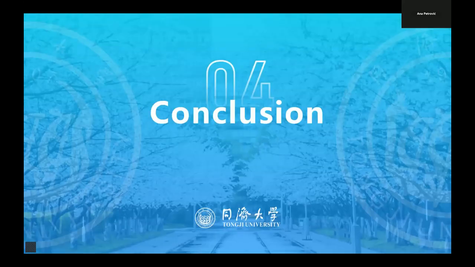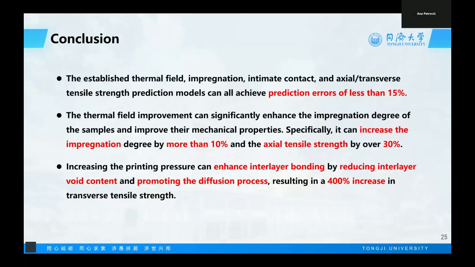And the final part is the conclusions. From the above experiment, we can have the following conclusions. The established thermal field, impregnation, intimate contact, and axial and transverse tensile strength prediction models can all achieve prediction errors of less than 15%.